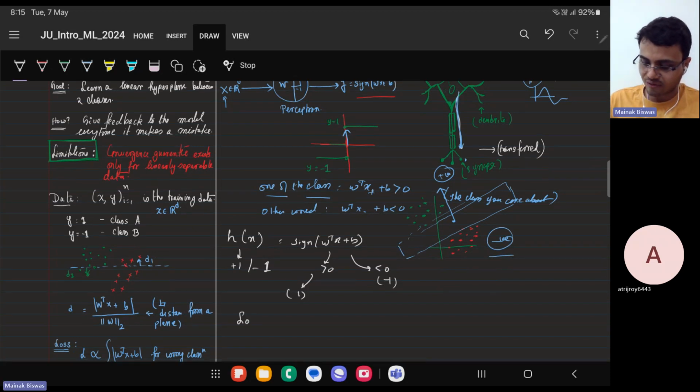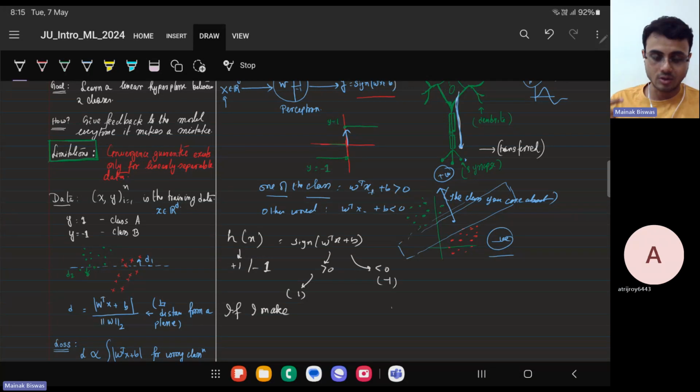So the loss that we will define is, what should be the loss? You tell me. If you make a misclassification, there will be two cases, right? Like maximizing the distance from the points.